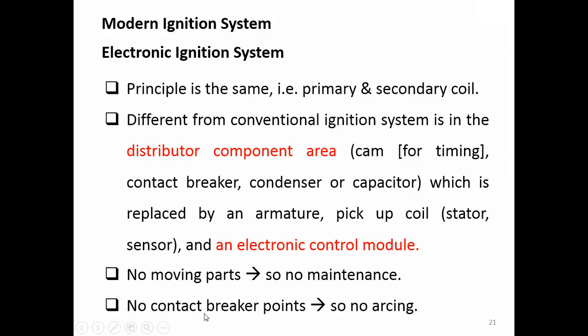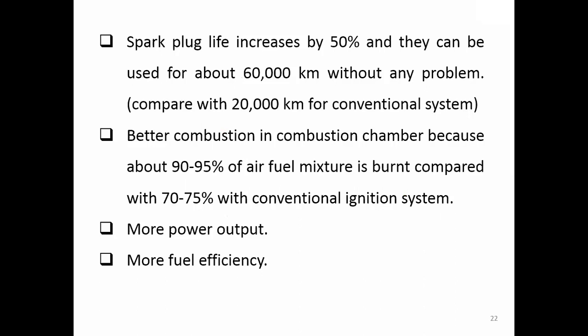And because we don't have the contact breaker point, we have no arcing in this system. So it eliminates the problem that we have in the battery coil system, or the battery ignition system, or the coil ignition system. Apart from this, this system will help increase the spark plug life by 50%.